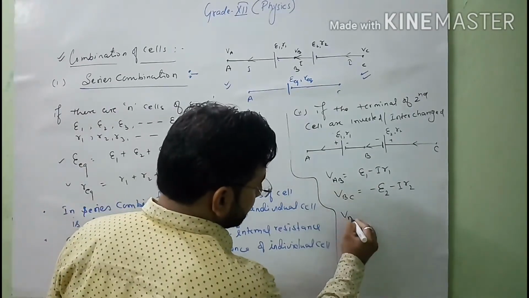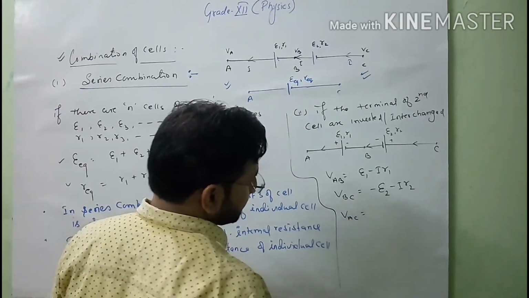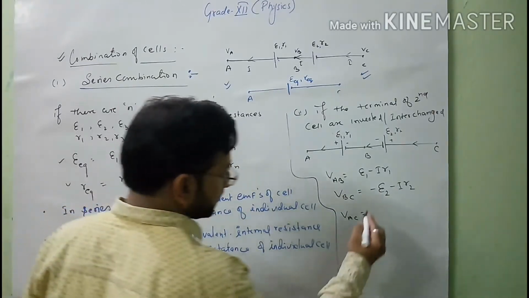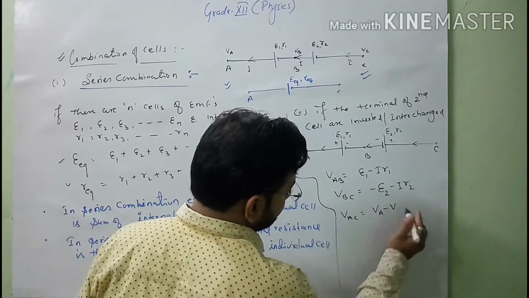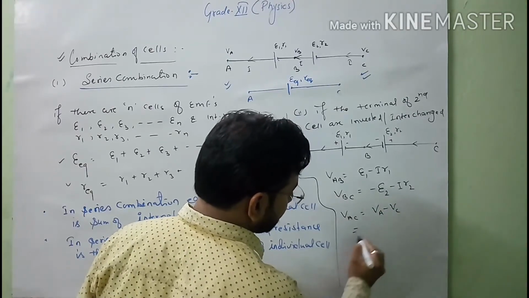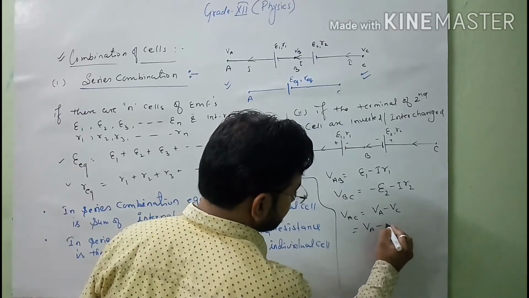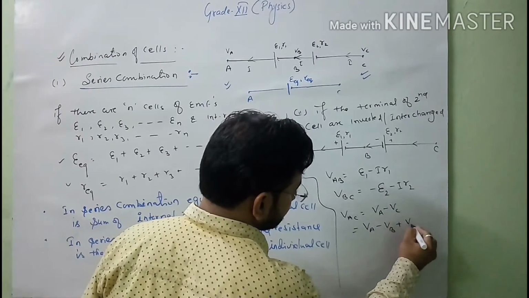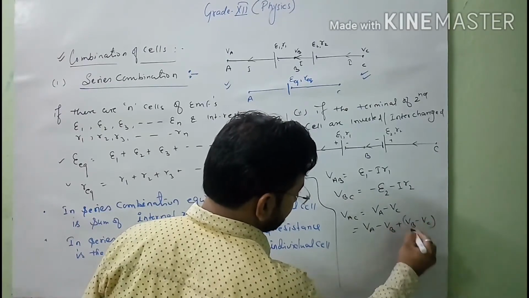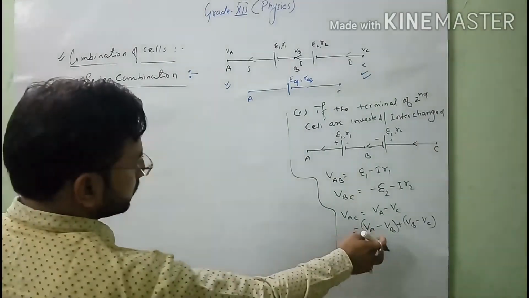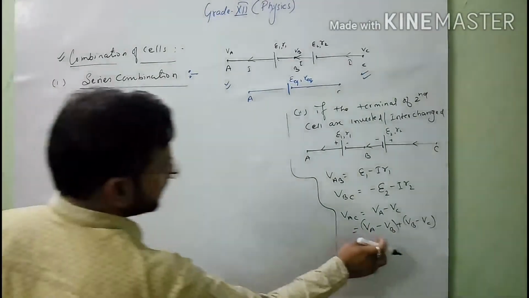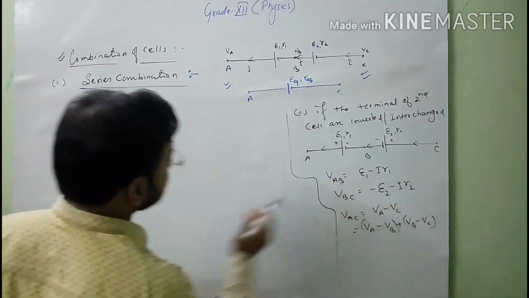After that, when we think about VAC, you can write this equation in the same way: VA minus VC, and after that VA minus VB plus VB minus VC. What will you get? You will get the final answer. VA minus VB, student, what is the value of this?